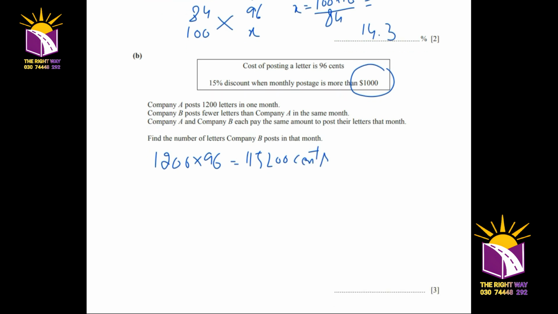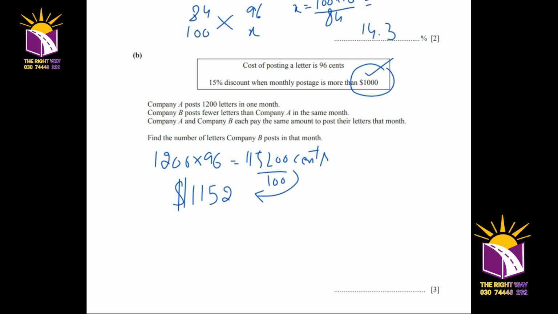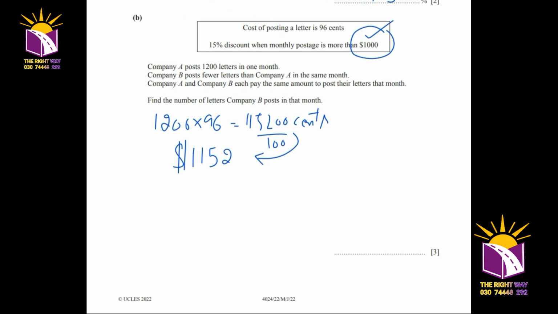By converting it into dollars, dividing by 100, we get 1152 dollars. So company A's total price is 1152, but it is greater than 1000, so they are going to get a 15% discount.